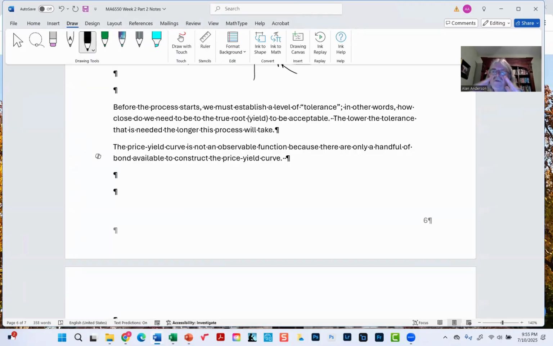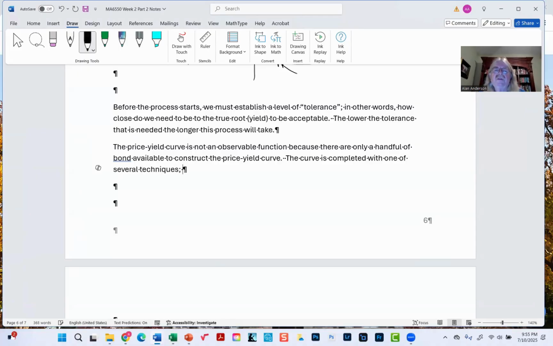In other words, that price yield curve covers every possible yield from 0 up to whatever. We don't have enough information in the market to construct the entire curve. What has to happen here, there's a special technique going on behind the scenes. The curve is completed with one of several techniques.